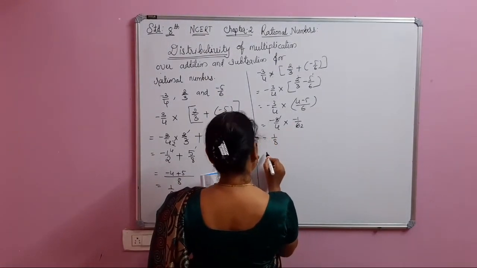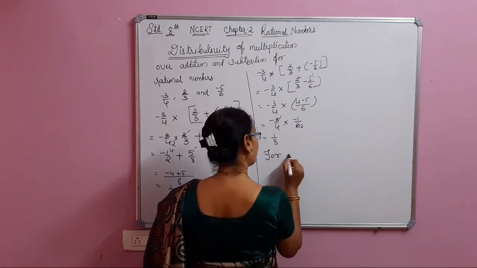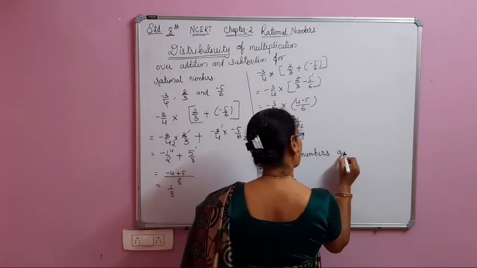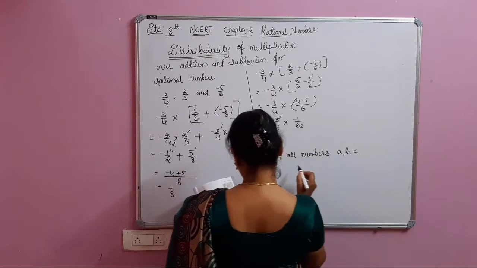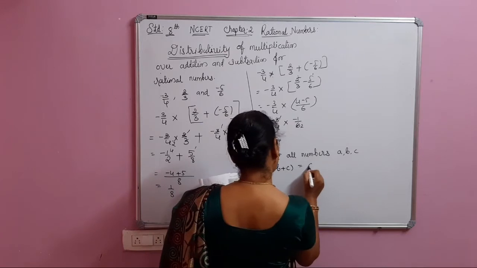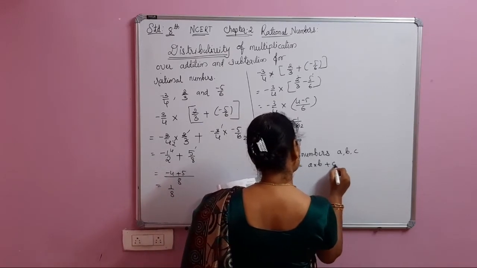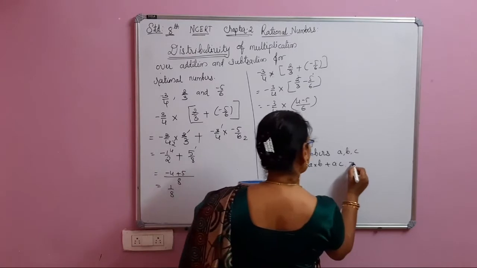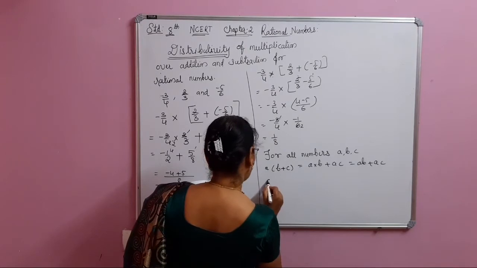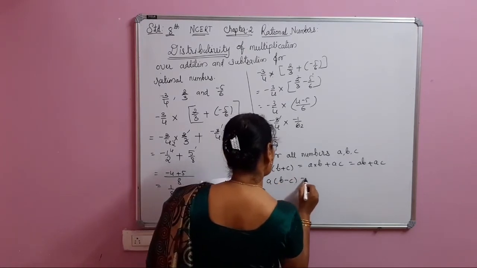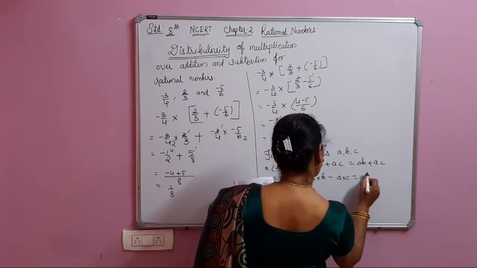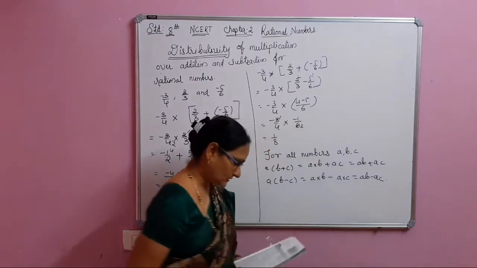For all rational numbers a, b, c: a into (b plus c) is equal to a into b plus a into c, which is ab plus ac. Then a into (b minus c) is equal to a into b minus a into c, which is ab minus ac. This you can also copy.